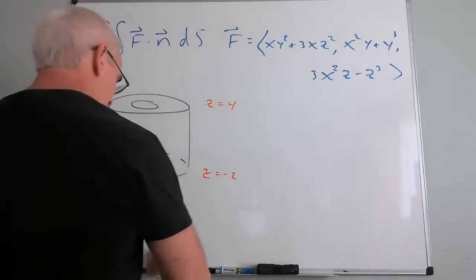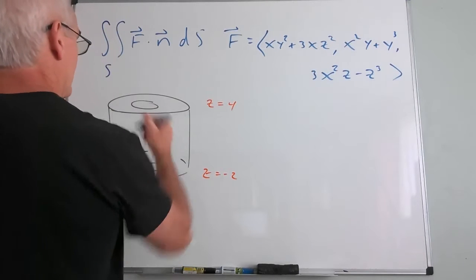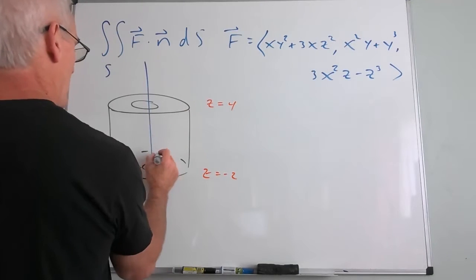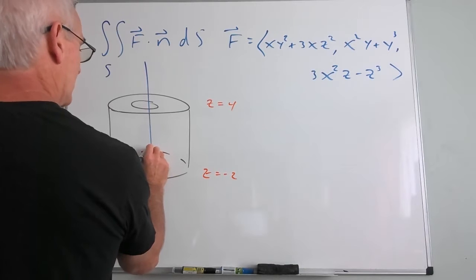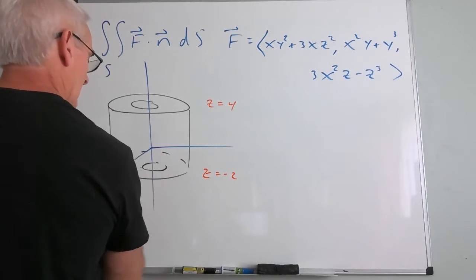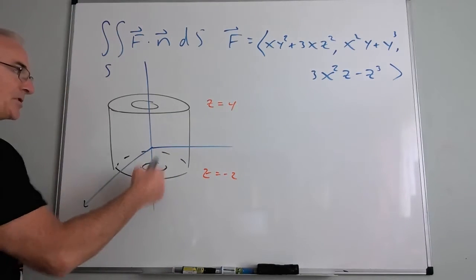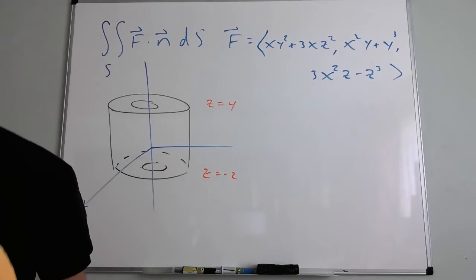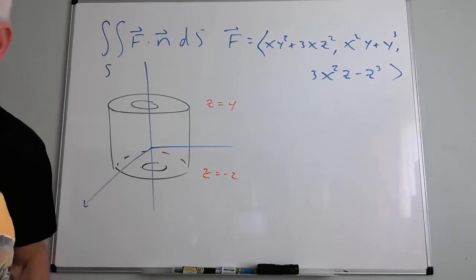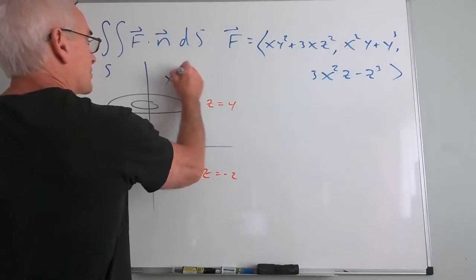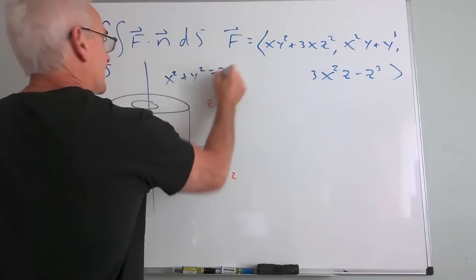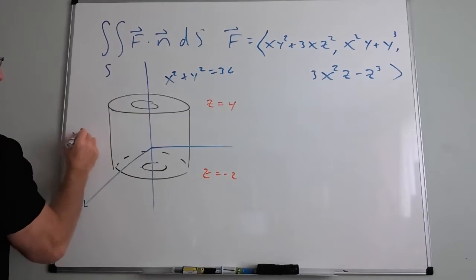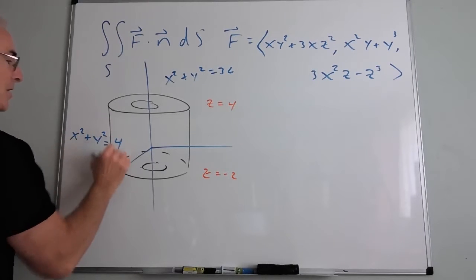So that means on the xy plane, this would be a couple units below, and this would be 4 units above. We're also bound by the circular cylinders, the outer one being x squared plus y squared is 36, the inner one being x squared plus y squared equals 4.